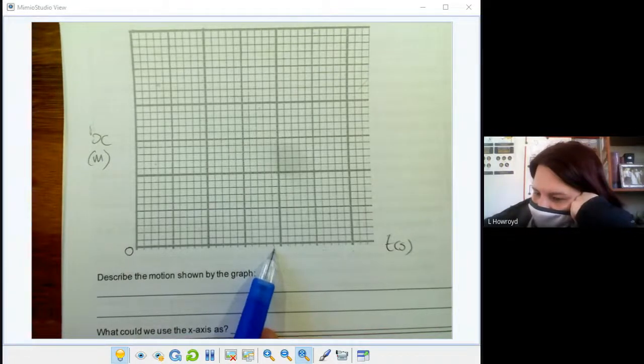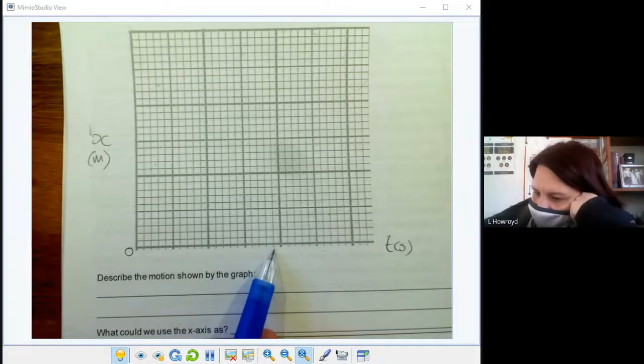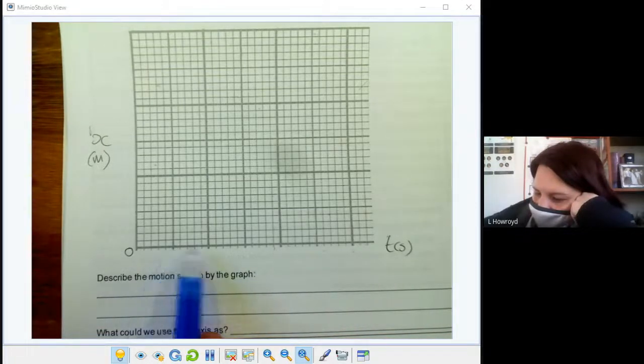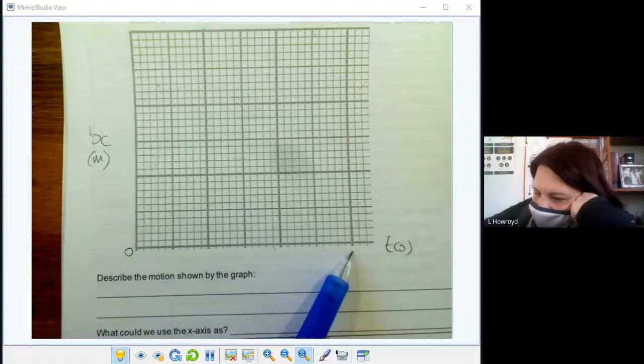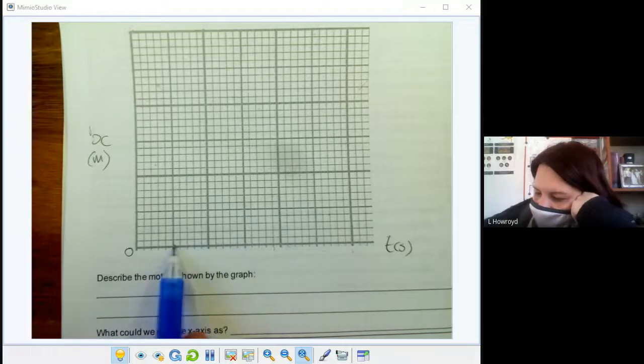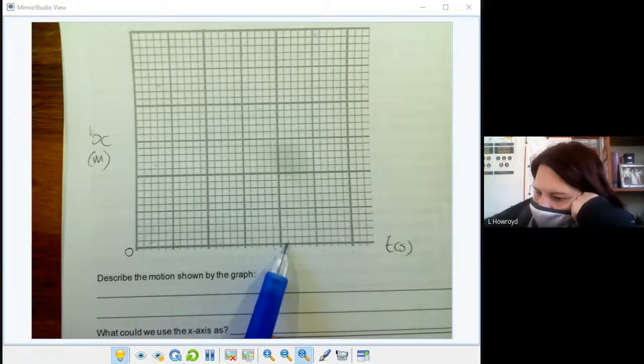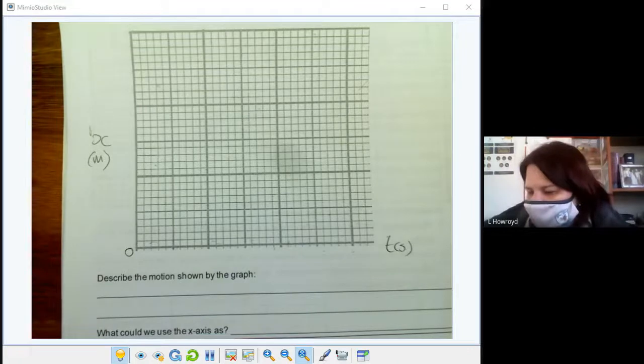Threes are not nice, and neither are fours. 3, 6, 9, 12. See, threes are really bad because how are you going to plot?